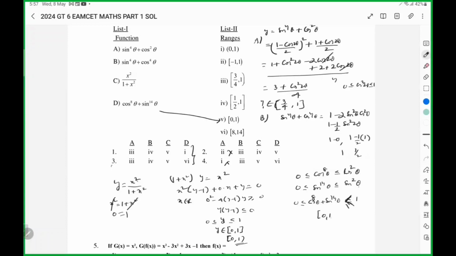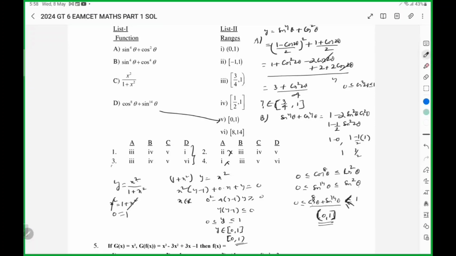So here it is 0 to 1 must be. So this is better if you take open 0, closed 1 is better option.